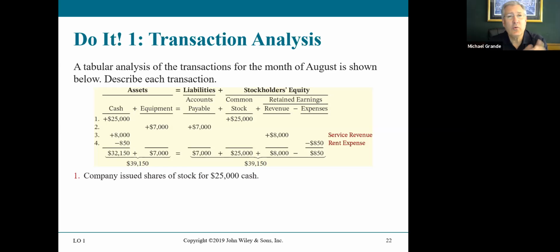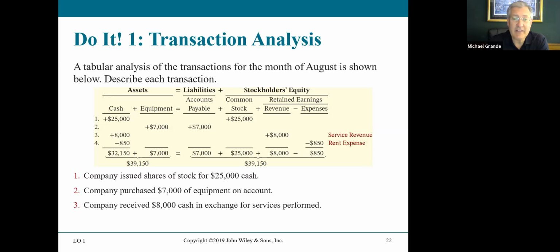Transaction number 2, equipment goes up and a liability goes up. Company purchased $7,000 of equipment on account, did not pay for them, obligation to pay. Transaction number 3, cash goes up, revenue goes up. Company received $8,000 cash in exchange for services performed.